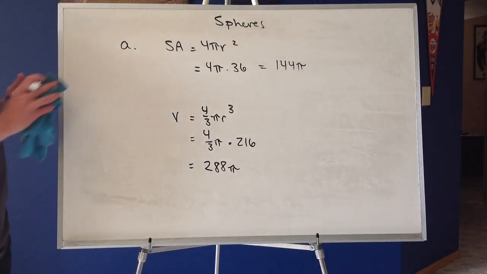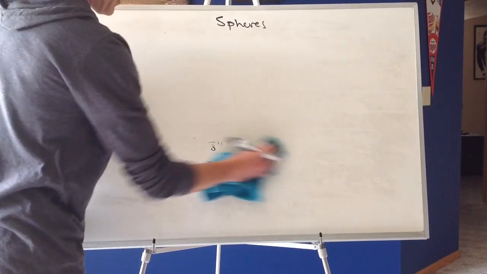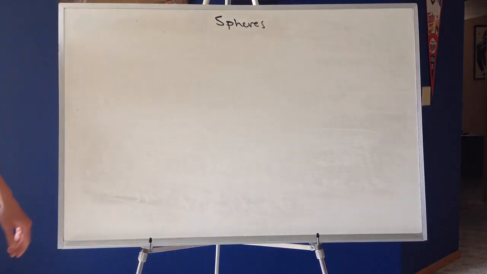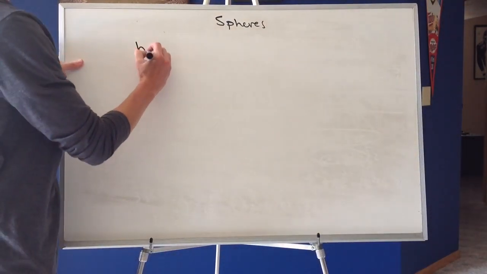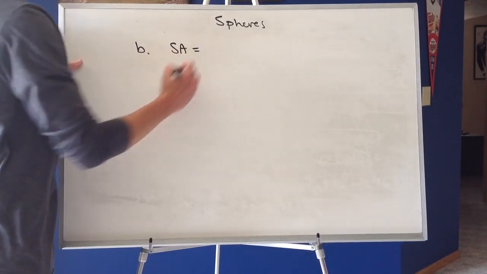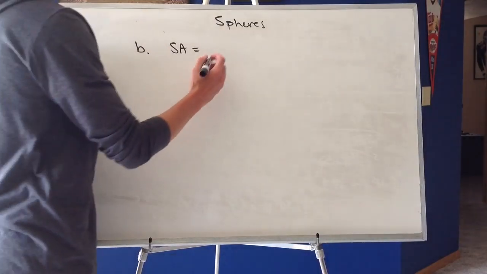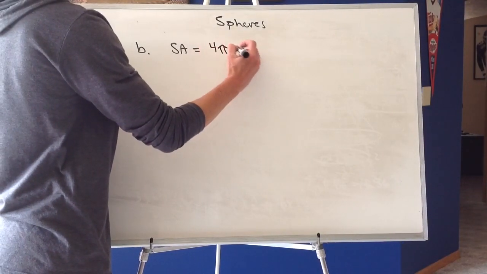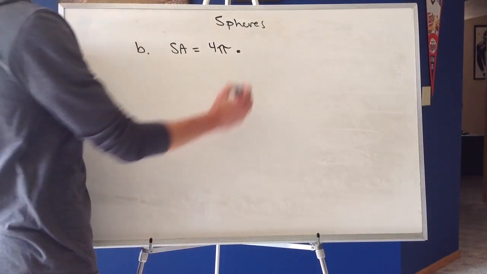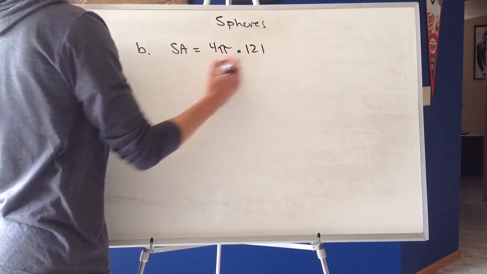I'll do one more here, but like I said, it's fairly self-explanatory for these ones. This one gives us a diameter of 22, which of course means our radius is 11. For surface area, it would be 4 pi times the radius squared. 11 squared is 121.